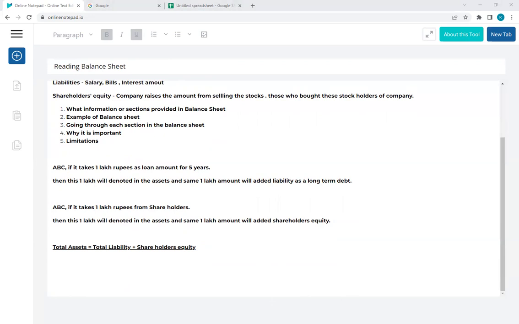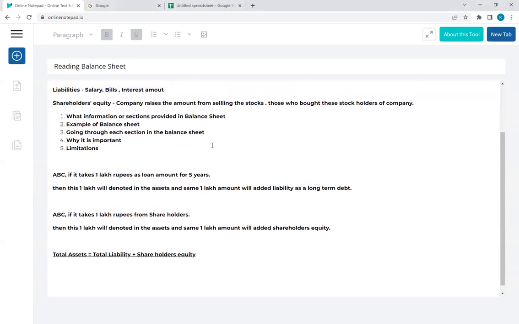If you see this sample picture, which explains the balance sheet information, it is always balancing: complete assets on one side, and on the other side both liabilities and shareholders' equity. Combined, they balance with the total assets. This is a simple picture which denotes the information given by the balance sheet. Okay, let me go back to the topic.